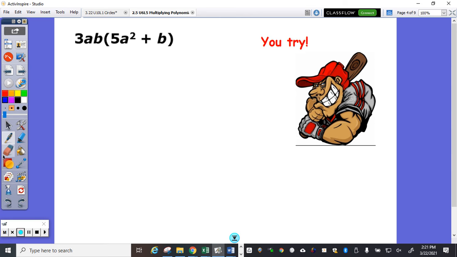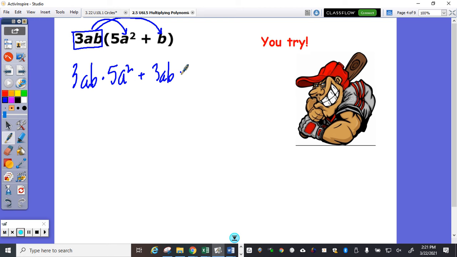So now we're saying, all right, this 3ab gets multiplied to the 5a squared, and it gets multiplied to the b. So we have 3ab times 5a squared plus 3ab times b. Now, as you get better at this, you naturally get faster at it, right, EJ?